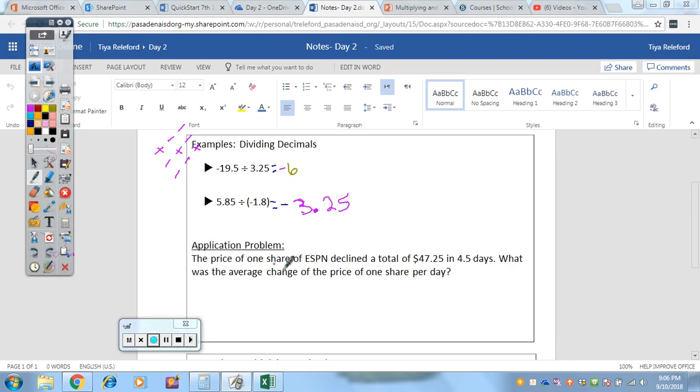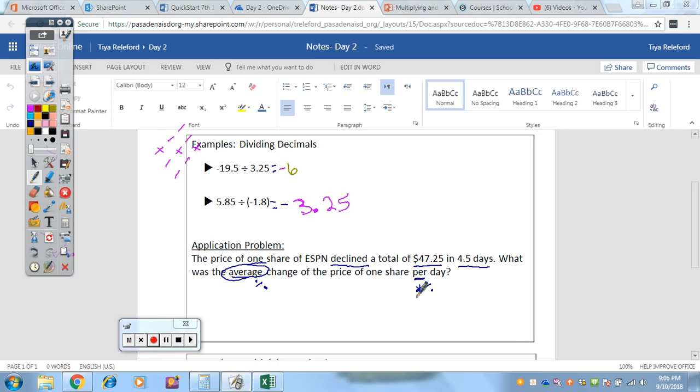All right, the price of 1 share, that's a number, of ESPN declined a total of $47.25 in 4.5 days. What is the average change of the price of 1 share per day? So I have average and I have per. Per tells me to multiply or divide.